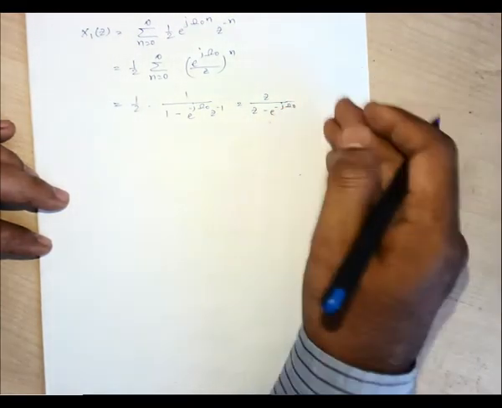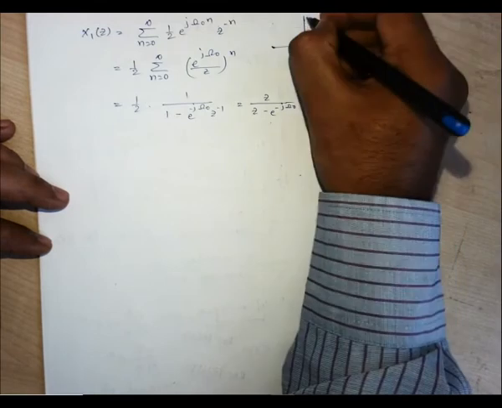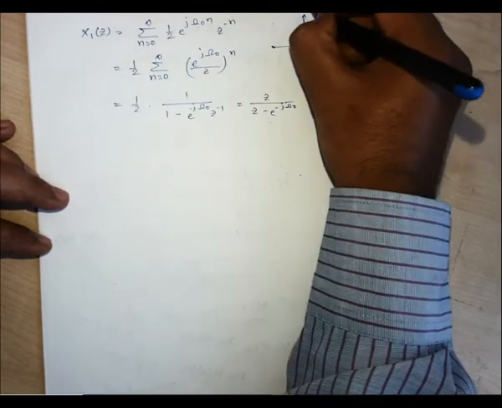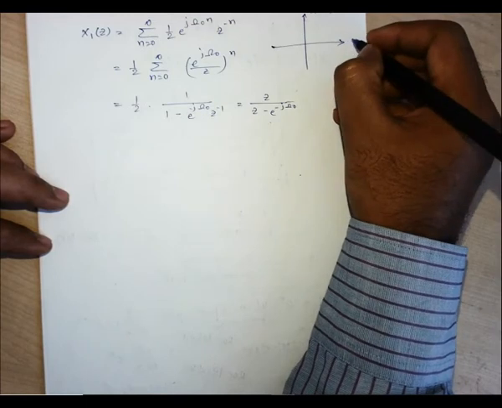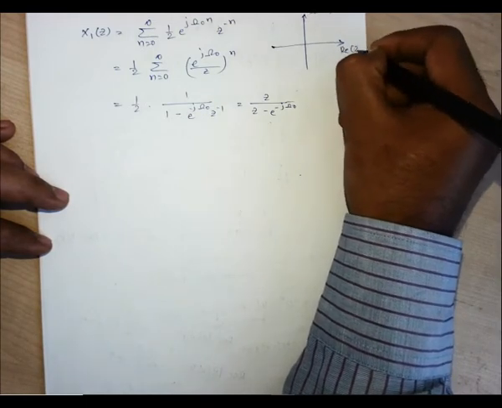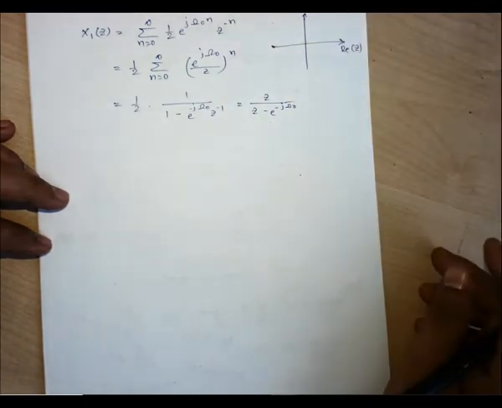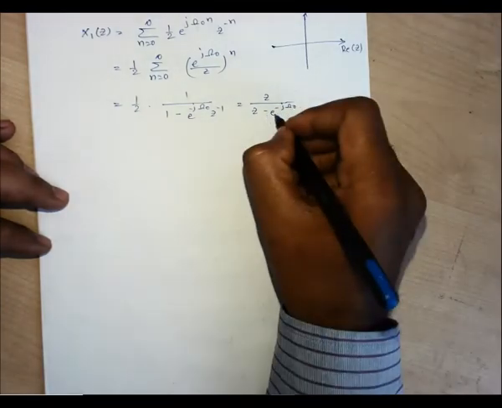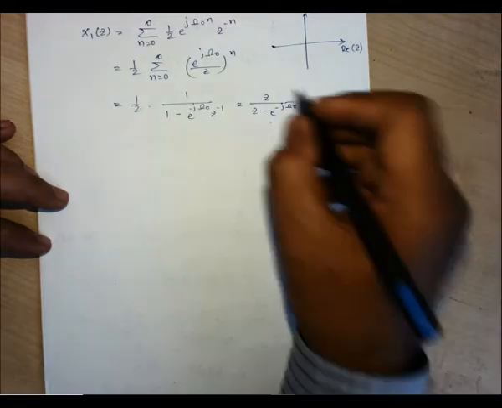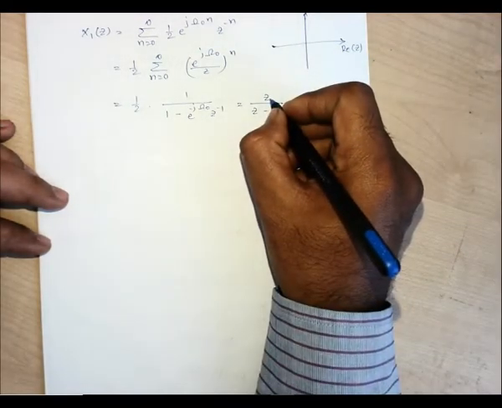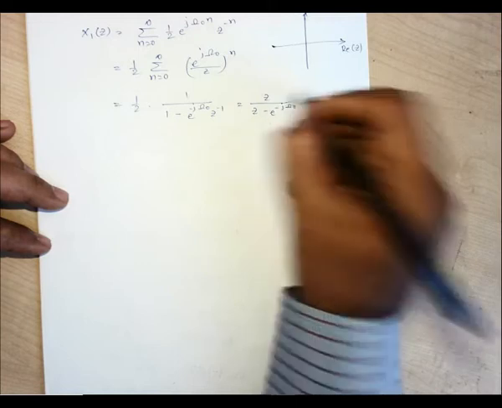It is on the j omega axis, on the imaginary axis of z, because z is equal to e to the power j omega naught, right? And a zero exists at z equals 0.